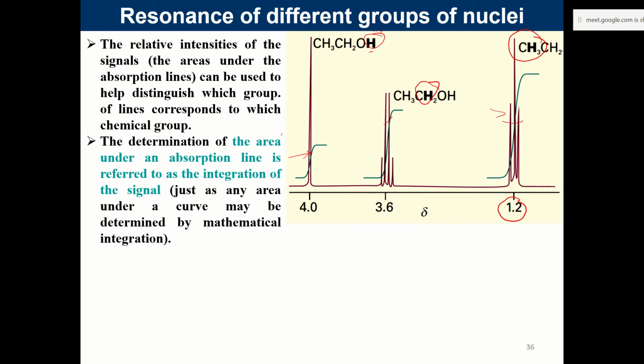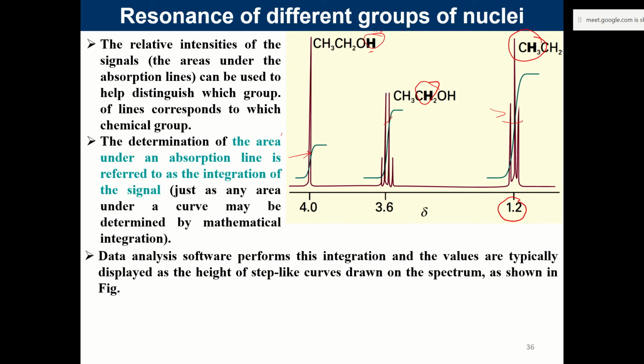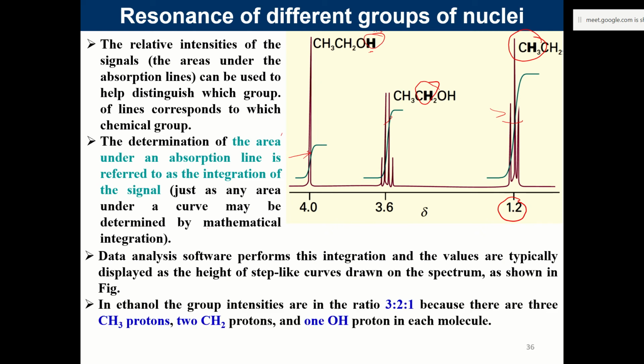You have two protons having exactly the same environment. So intensity is proportional to this. This is again obtained by software analysis, 3 is to 2 is to 1, or if you put it the other way around, 1 is to 2 is to 3.